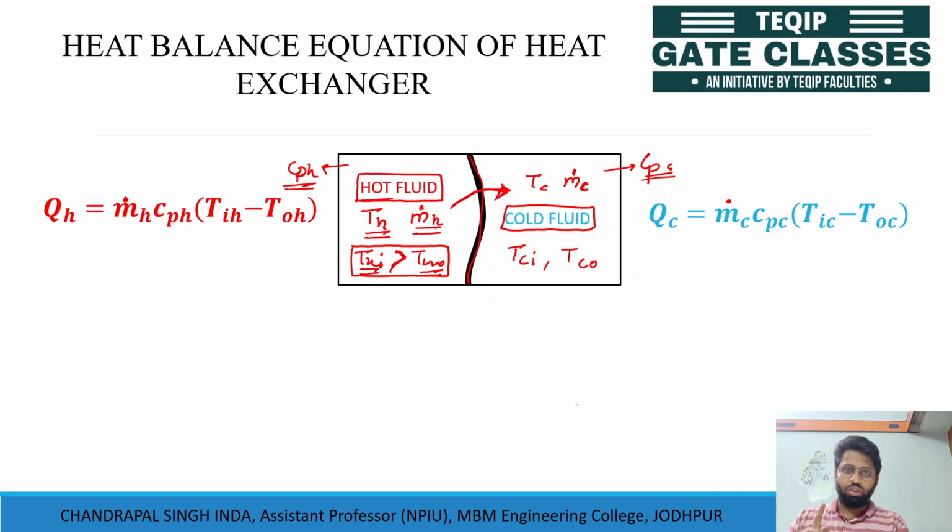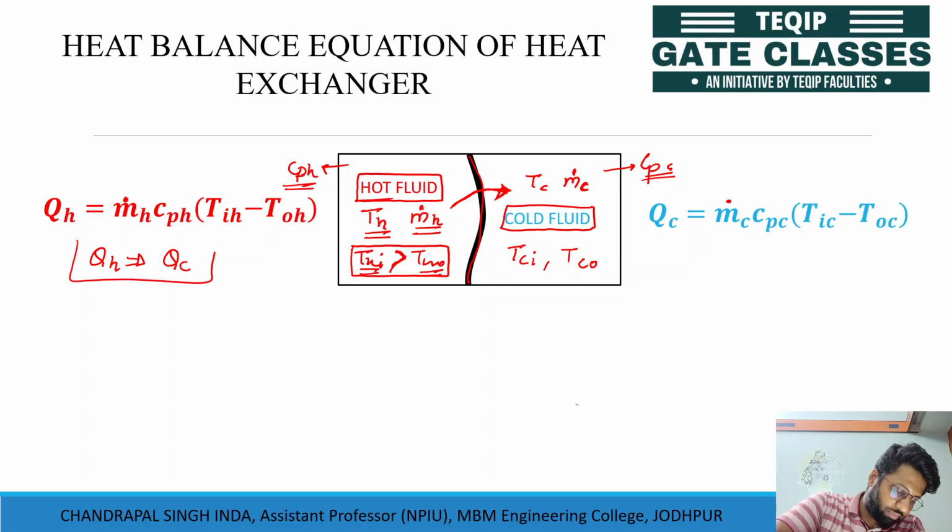By the first law of thermodynamics, we can balance the energy: whatever heat is given by the hot fluid is going to be absorbed by the cold fluid. So QH will be equal to QC. This QH or QC is the heat within the fluids.